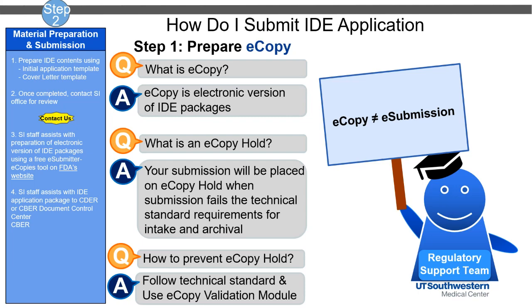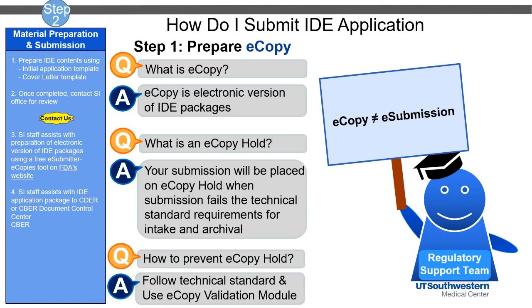The CDRH portal only accepts IDE submissions containing electronic or soft copy files and engages a functional module called the eCopy to process them. Submissions to CBER can be through eCopy or via email attachments.